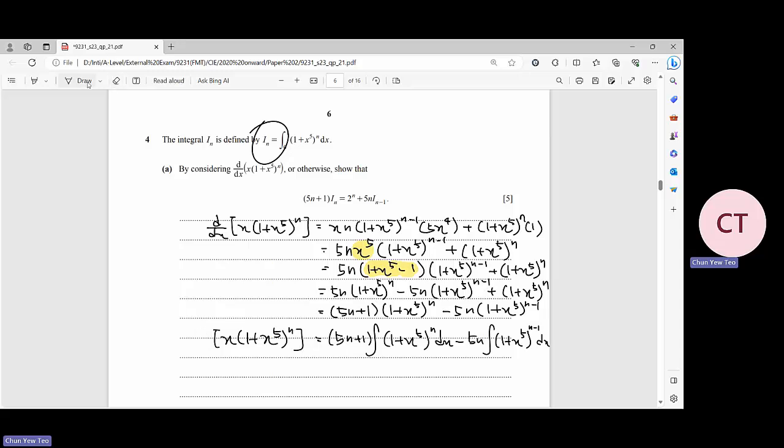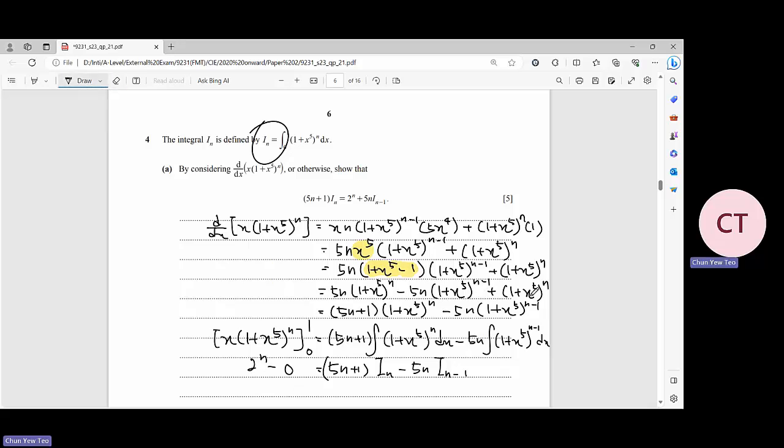This you can write as (5n plus 1) In. This one you can write as I(n minus 1). Then you just need to substitute the values 1 and 0 inside. If you put 1 inside, you will get 2^n minus 0.